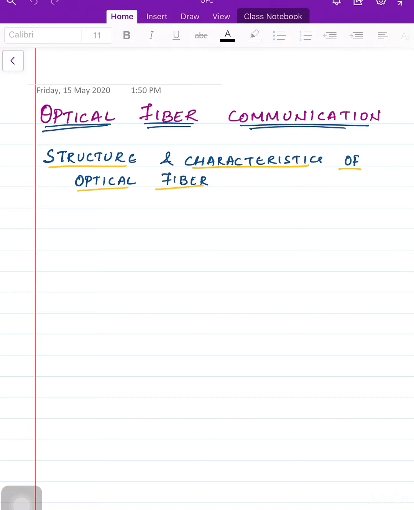The core is the one component which carries the light signal for the internal reflection to take place. The cladding surrounds the core, like an outer layer of the core. And the coating, or what we call the jacket, protects the fragile core.